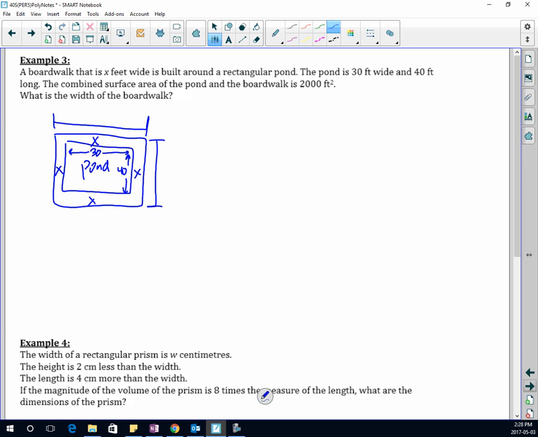If it's 30 from here to here, and an additional x on each side, the whole length is 30 plus 2x. And if the 40 is here, and an x on each end, this would be 40 plus 2x. So the area, A of x, is equal to 30 plus 2x times 40 plus 2x.